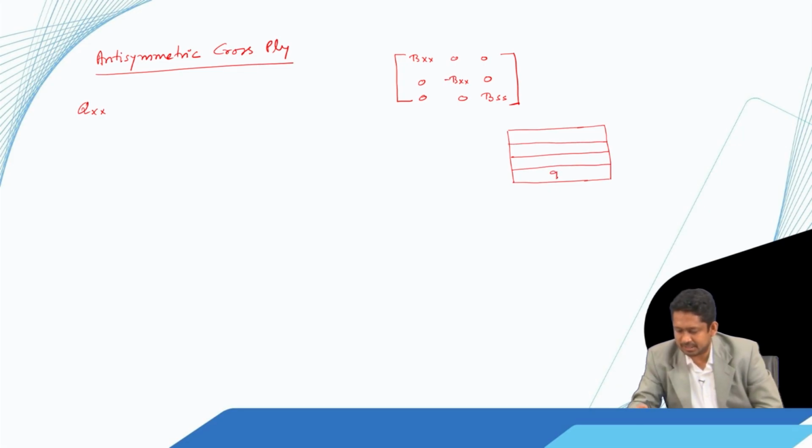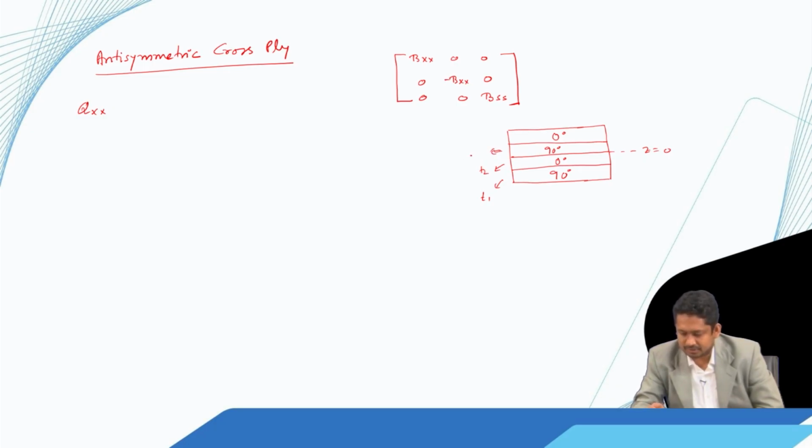So, here we have 90 and here we have 0 degree, and say here we have 0 degree and here we have 90 degree, and this is z equal to 0, and suppose the thickness here is T1, T2.